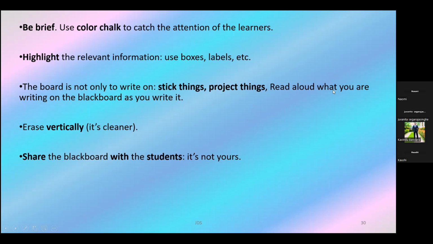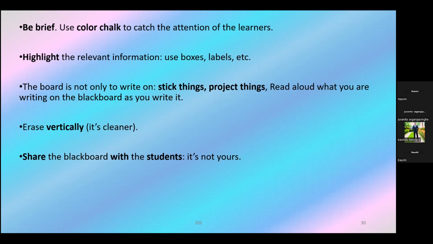Read aloud what you are writing on the board as you write on it, right? So while writing, if the teacher can articulate it louder, those of them who can listen to the teacher will be able to write it. Erase vertically in order to stop the dust coming into the nostrils.